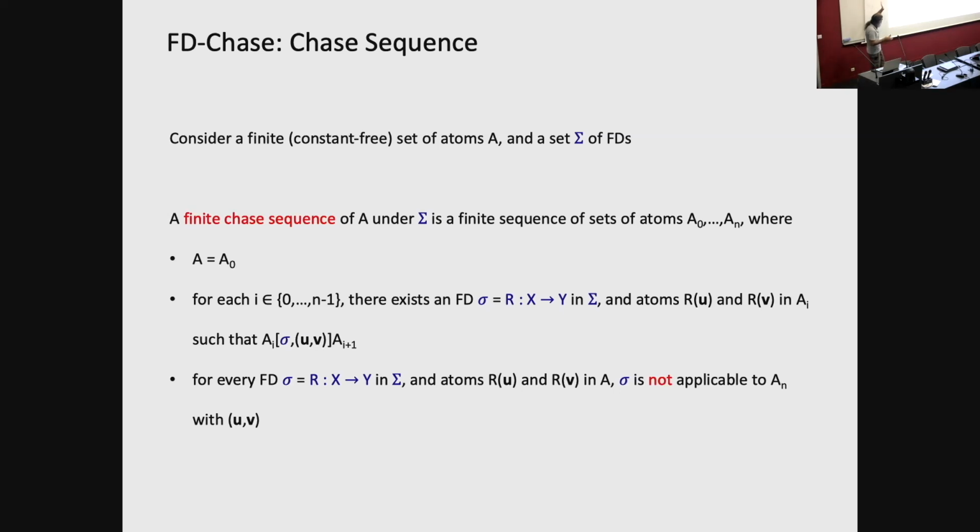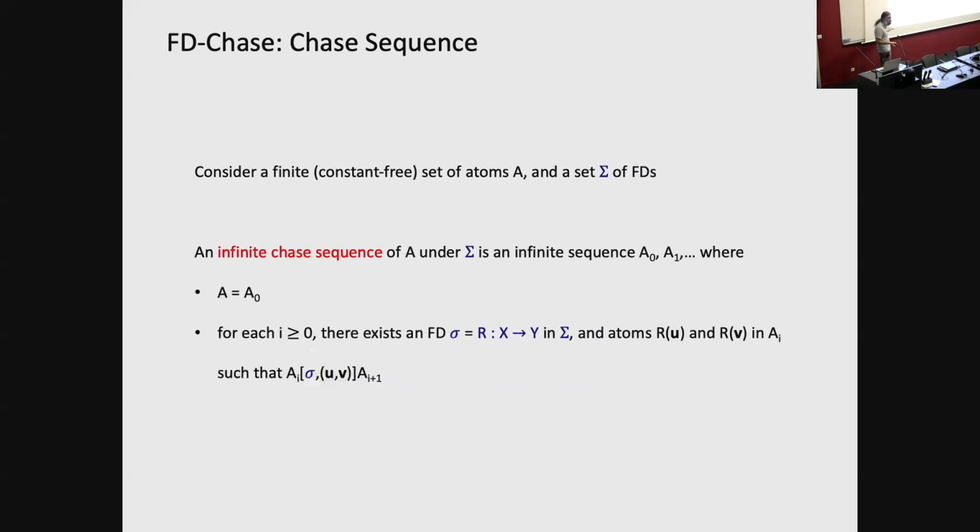Of course, at this point in our development, there is no reason to say that sequences are always finite, right? So one should go on and talk about also infinite sequences, which is defined in exactly the same way.